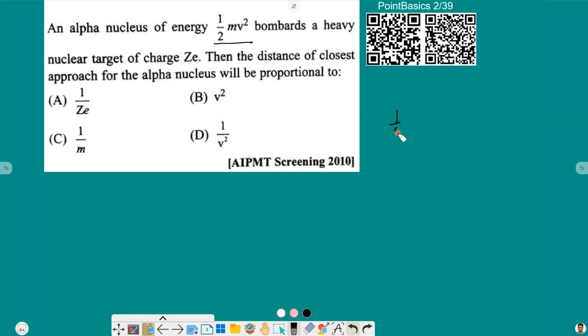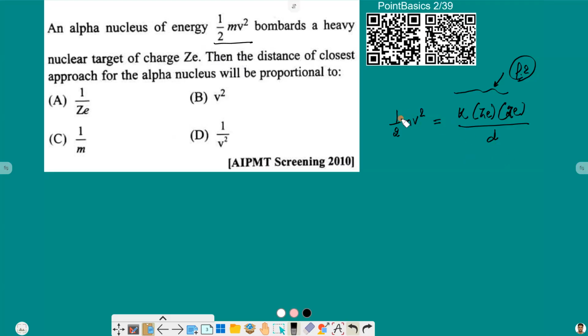Half mv square is equal to k times Ze into 2e by d. This term is the potential energy, and this is the kinetic energy. Kinetic energy gets converted into potential energy. That's energy conservation here.